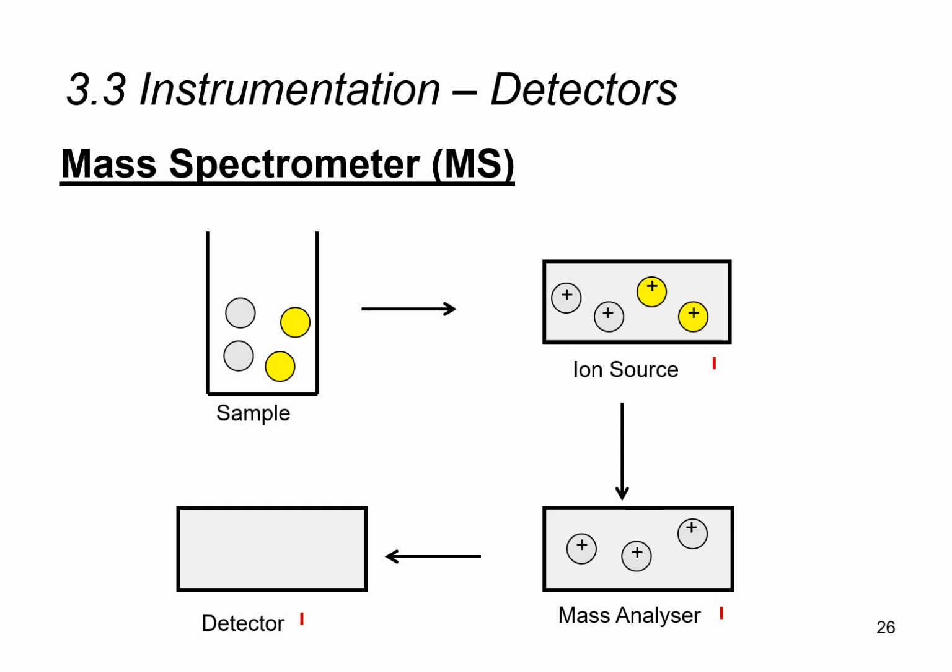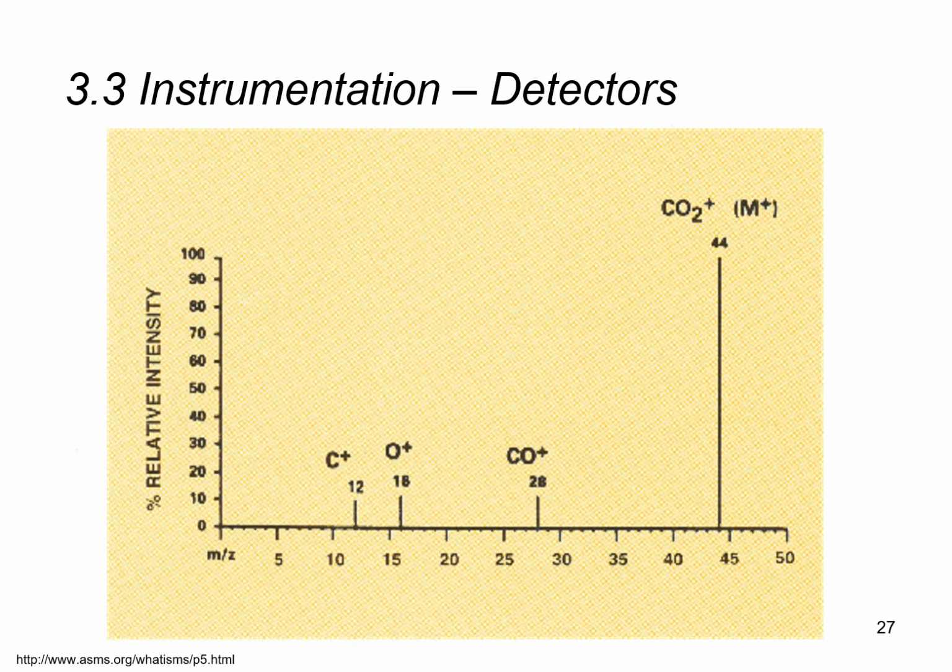Clearly, if it counts a larger number of ions, it will indicate a greater concentration, and if it only counts a small number of ions, it will indicate a lower concentration. So what the mass spectrometer will give us is a chromatogram that looks something like that.